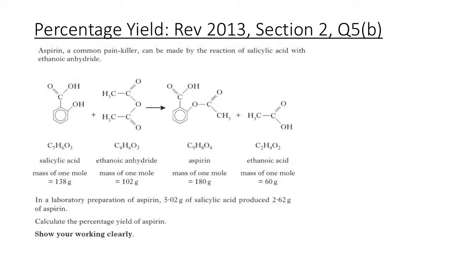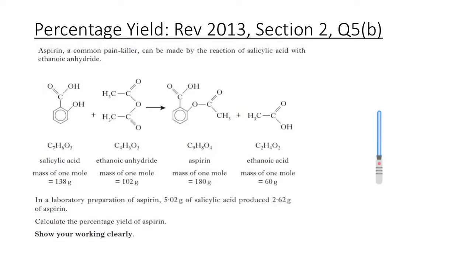Whether it's an imaginary experiment that E-Sgoil are telling us about or one we've done in class, we have our balanced equation. We know from our balanced equation what we should make in theory.